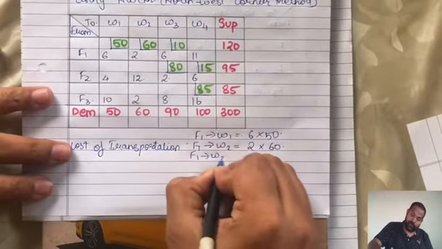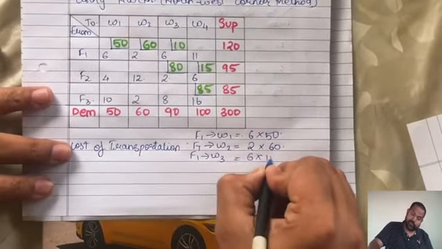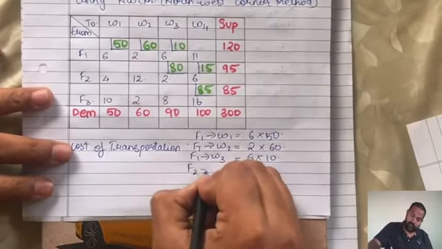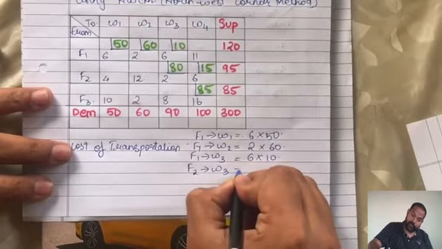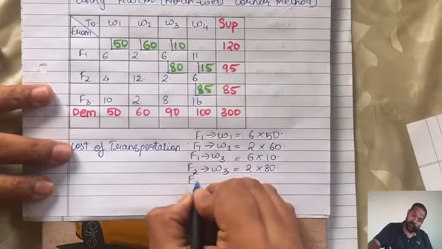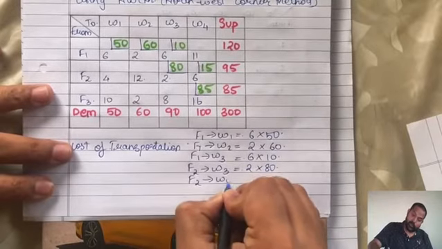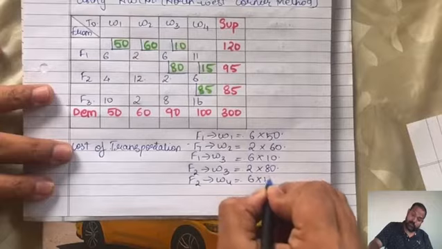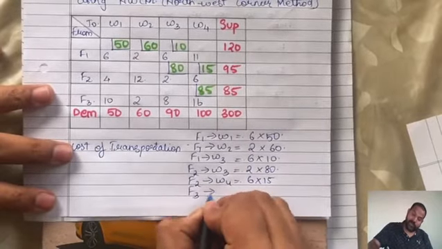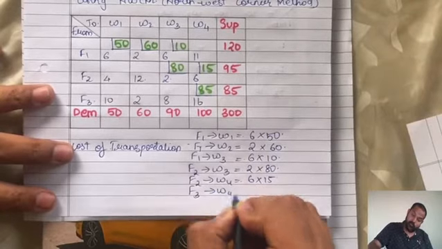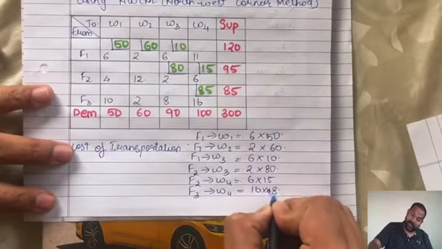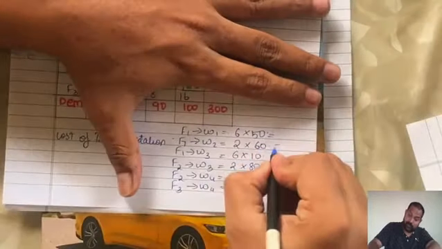From F1 to W3, at a cost of 6 rupees per unit, you are supplying 10 units. From F2 to W3, at a cost of 2 rupees per unit, you are supplying 80 units. From F2 to W4, at a cost of 6 rupees per unit, you are supplying 15 units. And lastly, from F3 to W4, at a cost of 16 rupees per unit, you are supplying 85 units.